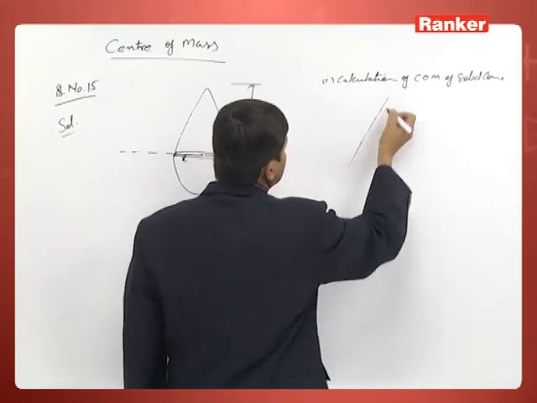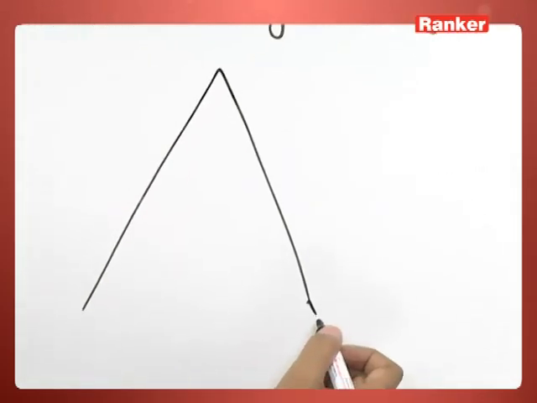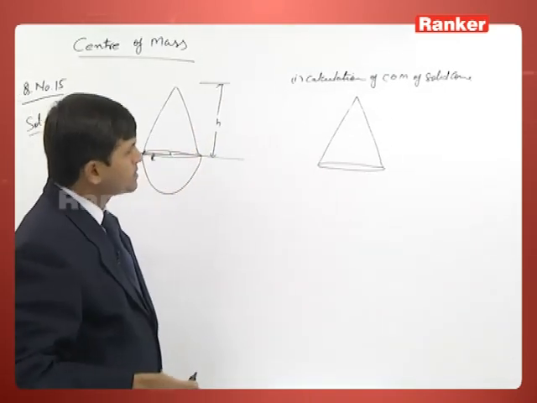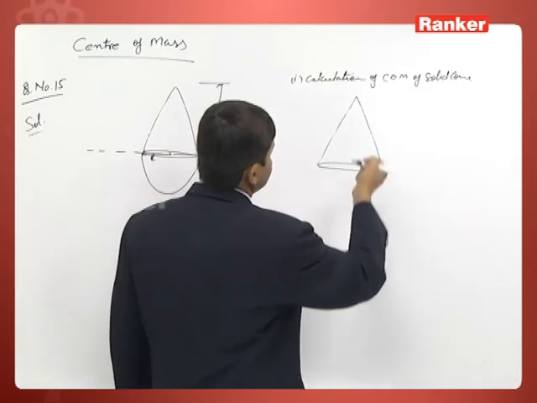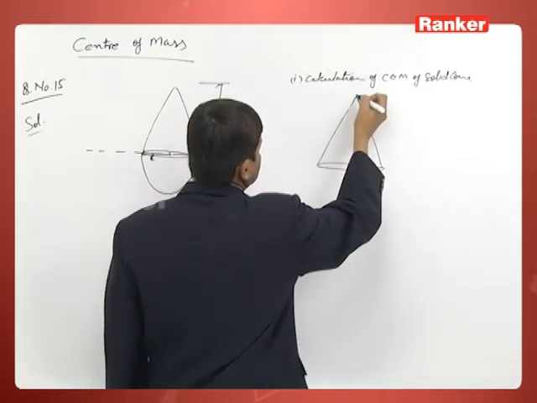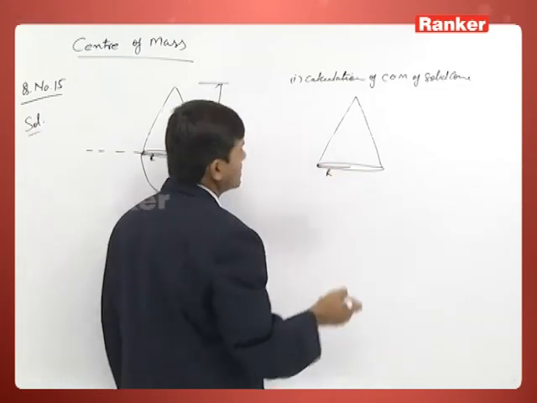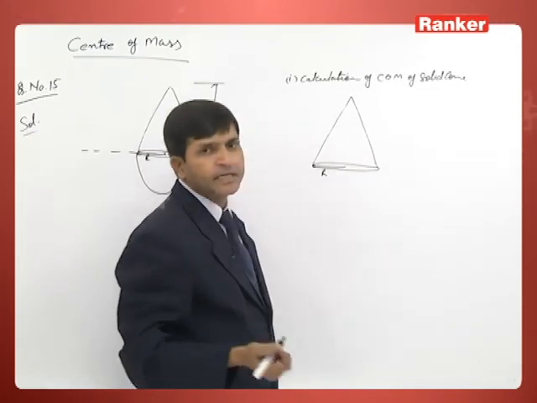So let this be the cone, and now we can solve like this. Cone of radius r. This can be said to have a variable radius.